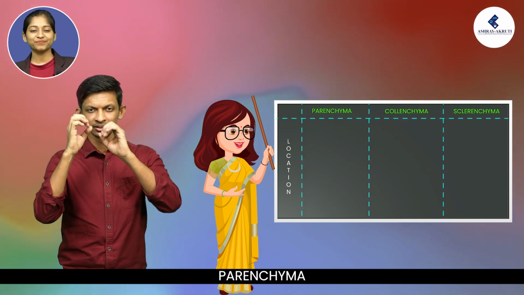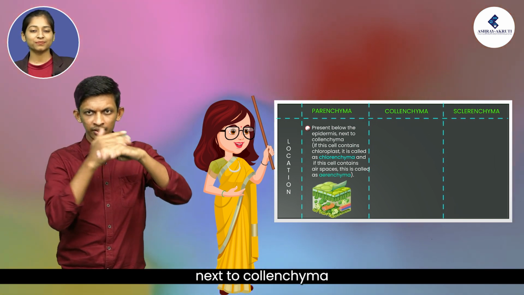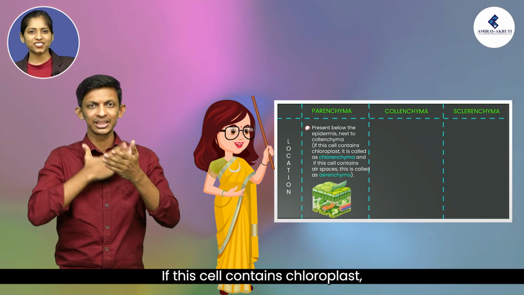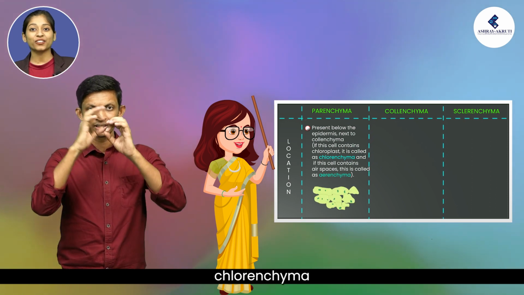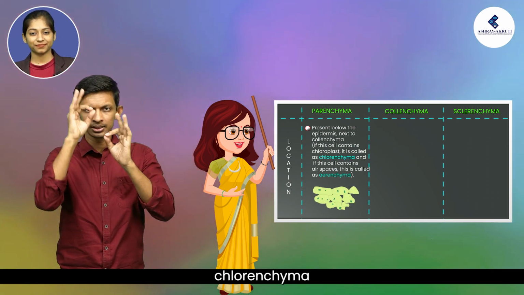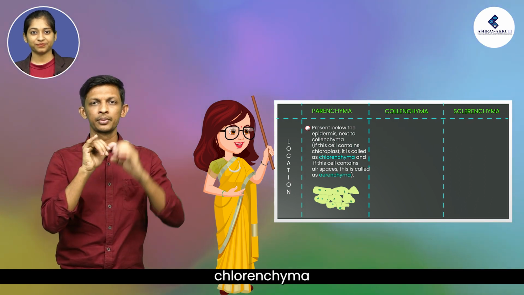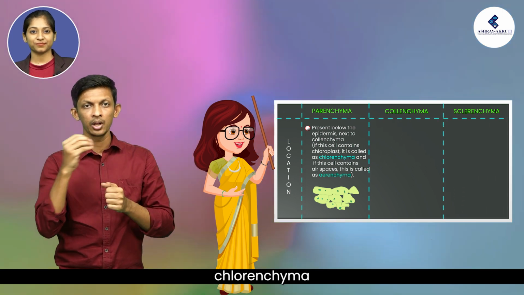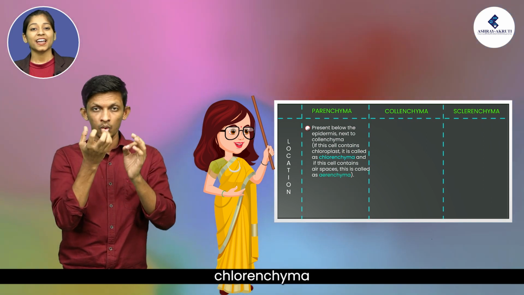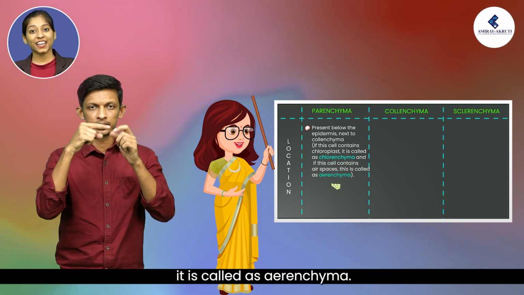Location: parenchyma is present below the epidermis, next to collenchyma. If the cell contains chloroplast, this is called chlorenchyma. And if the cell contains air spaces, it is called aerenchyma.